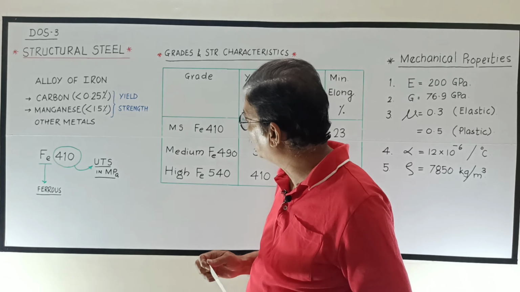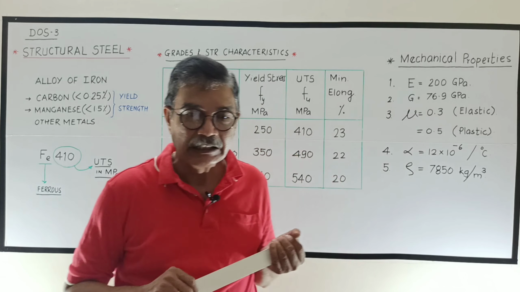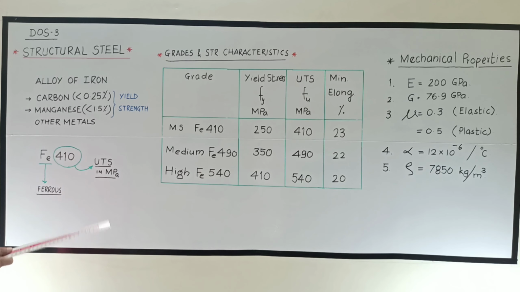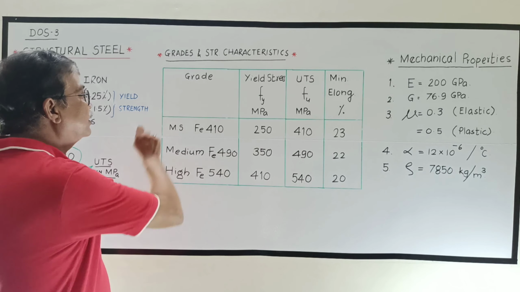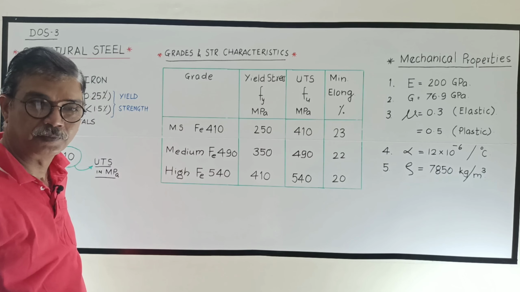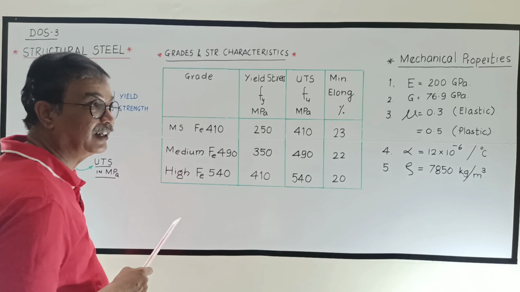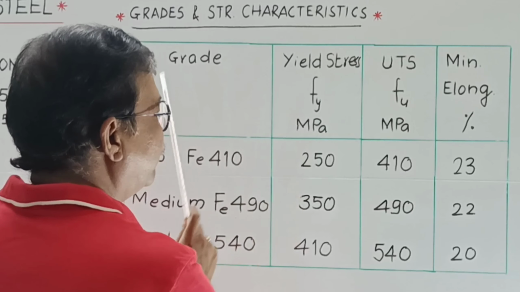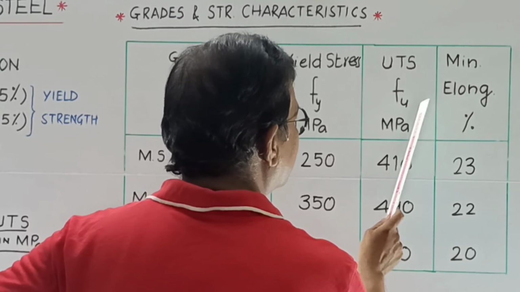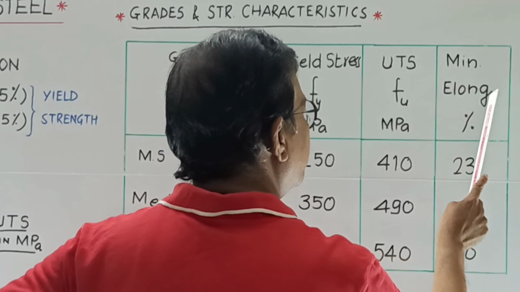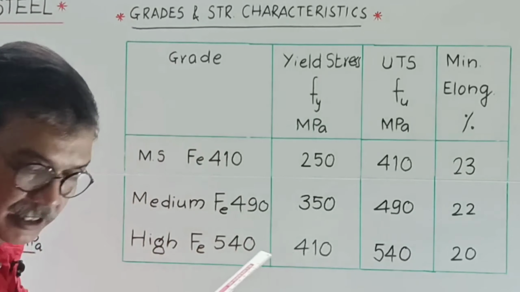Now let us talk about the various characteristics of these different steels. This table shows different grades of steel. What important characteristics are? Yield stress, which is denoted by Fy, ultimate stress, which is denoted by Fu, and minimum percentage elongation.